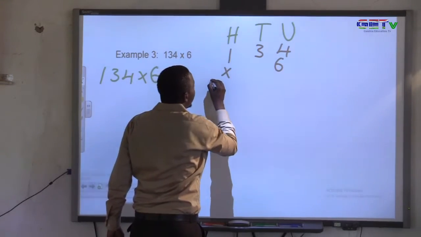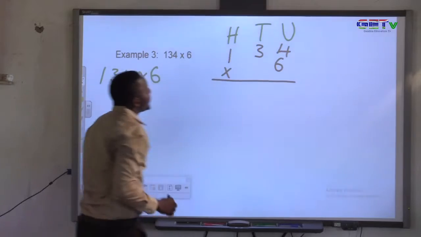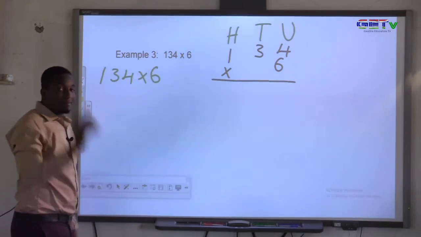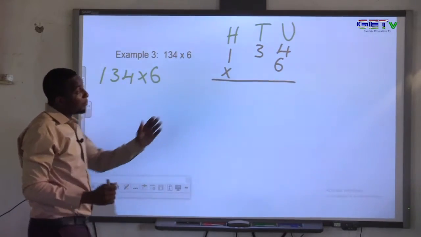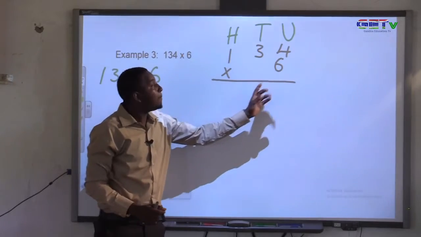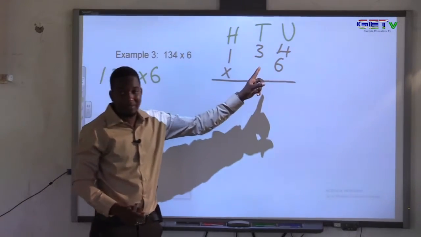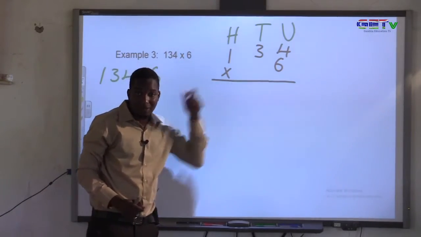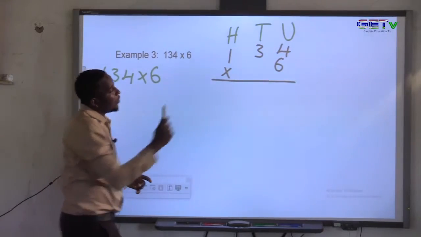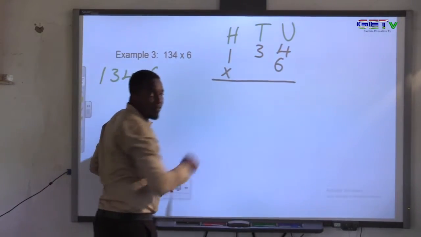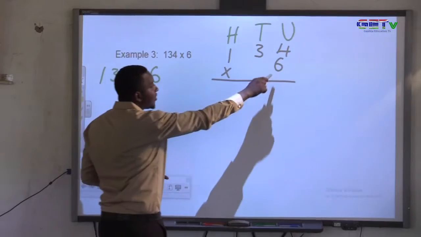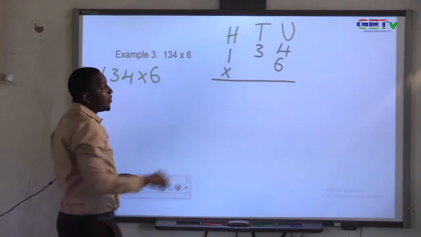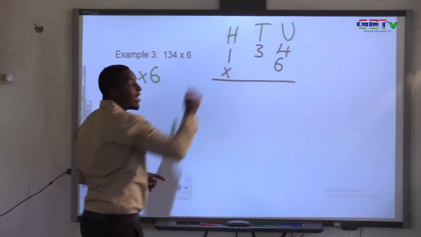Then we multiply. But let us not forget that we are multiplying 6 by the value of those numbers, not the number itself, but its value. Like for instance, we are multiplying 6 by the value of 4, and 6 by the value of 3, and equally 6 by the value of 1.